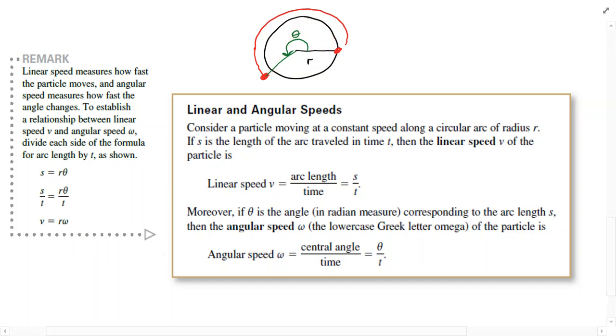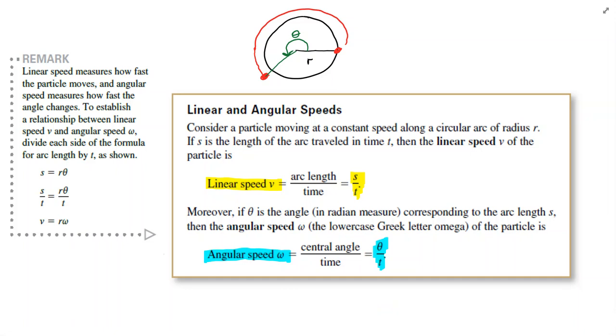So these are the two formulas that we're using. We have linear speed, which is defined by v, that's equal to arc length over time. And we have angular speed, which is given by omega, it looks like a cursive W, and that's given by theta over time.